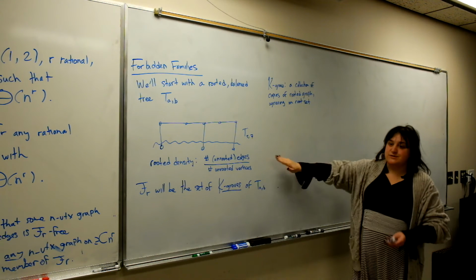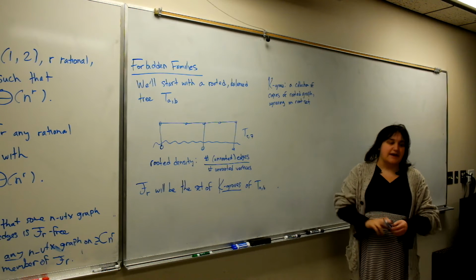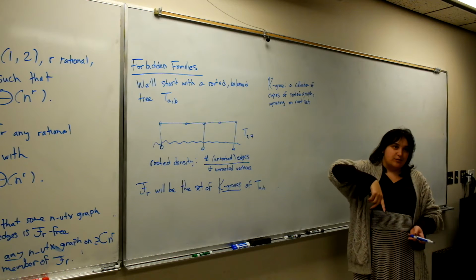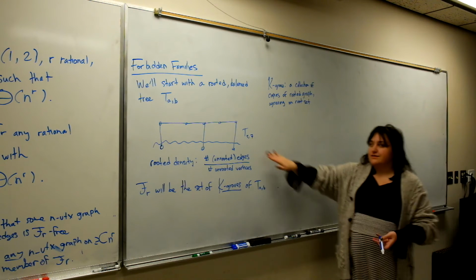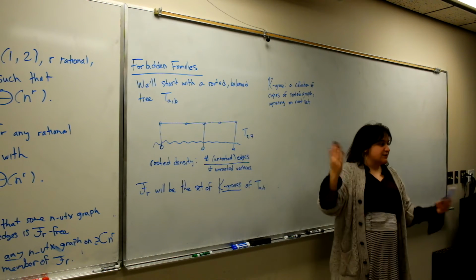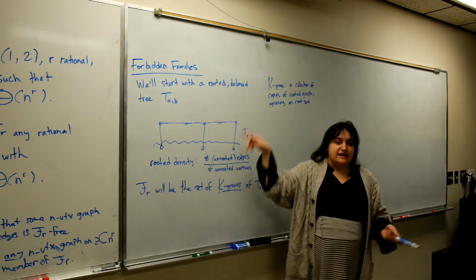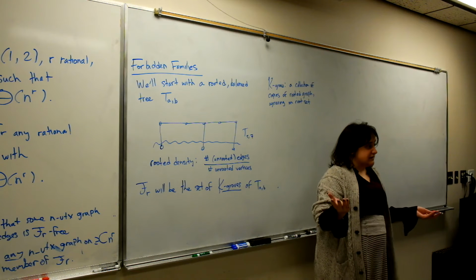So their roots have to line up, and I have to be able to say, here in my K-grove, here's one subgraph that looks like my tree, and here's a second, and here's a third. I have to be able to find K of them. But I don't require that the vertices outside the root set behave in any particularly nice way.